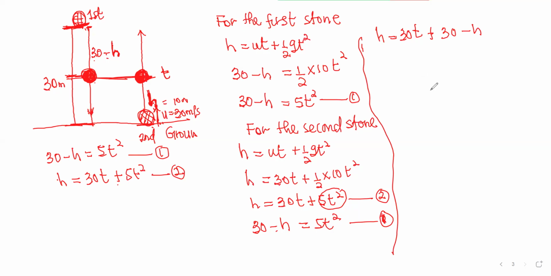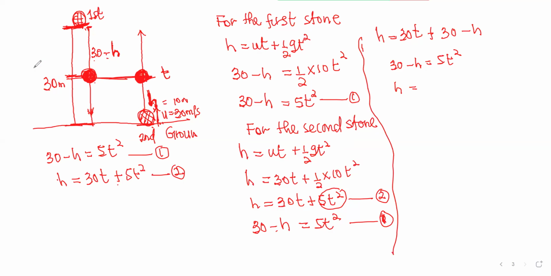Okay. So that is it. So 30 minus h is equal to 5t squared. And then h is equal to... oh, you see, there is a mistake.